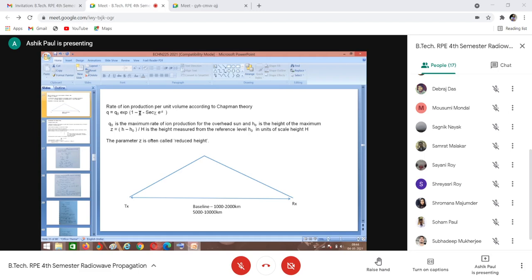Height is through this reduced height z parameter, which is expressed as the difference of the instantaneous height from a reference one divided by the scale height of that particular species. So this is where height comes into the picture, and also the angle, the solar zenith angle, that is the angle at which the solar radiation is incident on a particular layer.